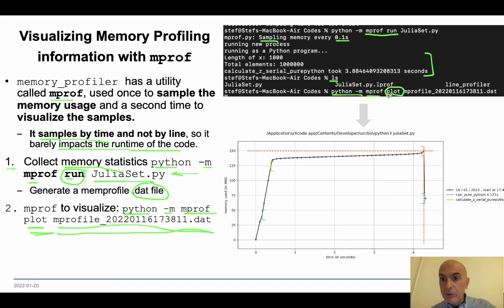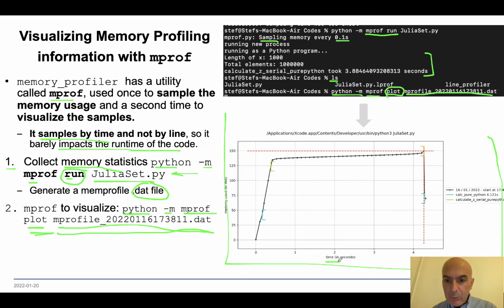This time I want to visualize it, and then I recover the name of the file with the memory usage information. When I do that, I get this nice plot that has different information.